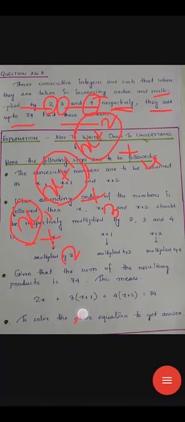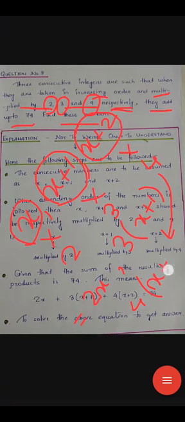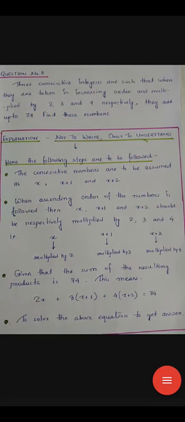After this multiplication, we get twice x, thrice x plus 1, and 4 into x plus 2.